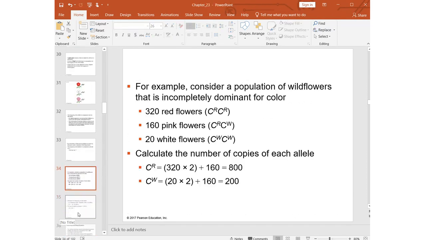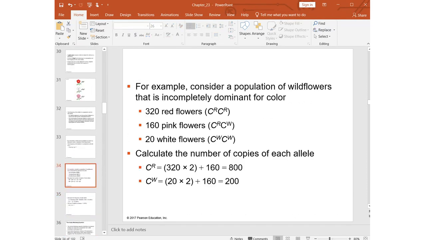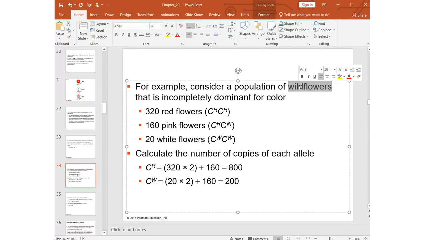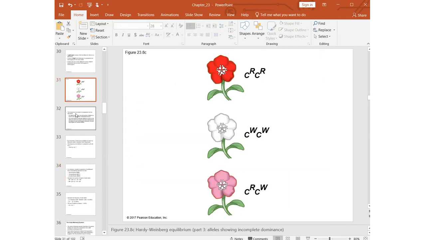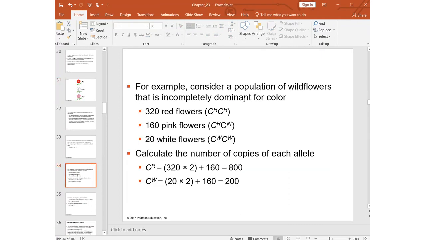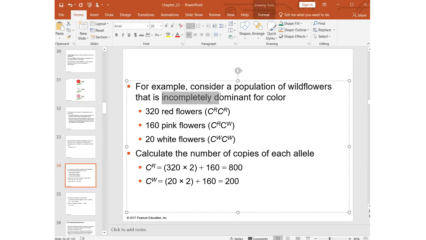And so here's an example. Let's say we're looking at wildflowers, probably the snapdragons from the example we just looked at, which are incompletely dominant for flower color. In a population there are 320 red flowers, 160 pink flowers, and 20 white flowers.